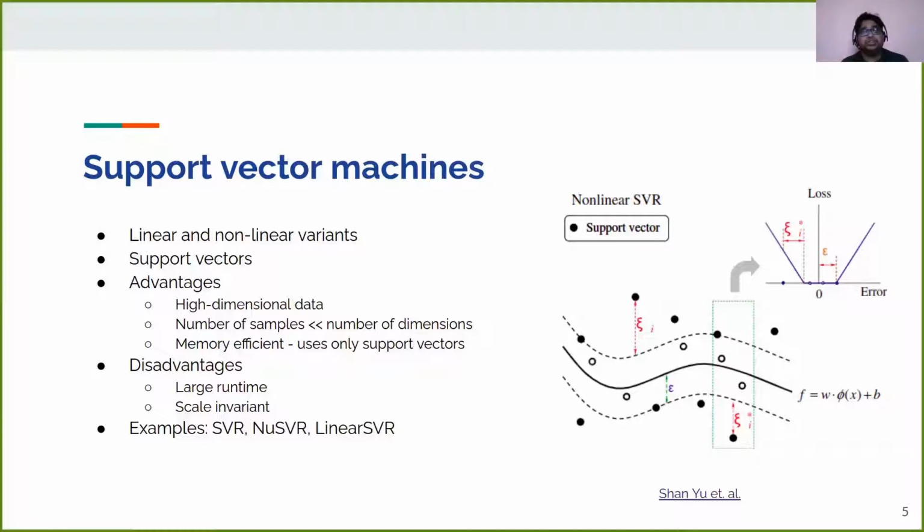Support vector machines in general are a maximum margin algorithm. The decision boundary has the maximum distance from samples belonging to different classes.